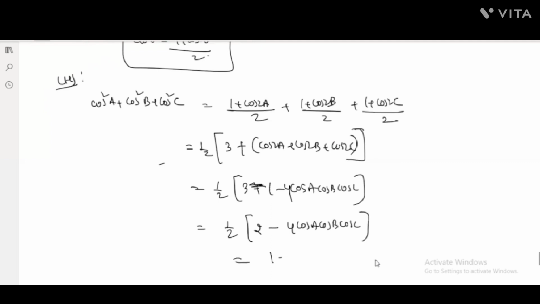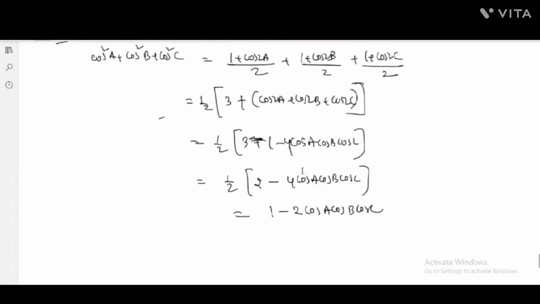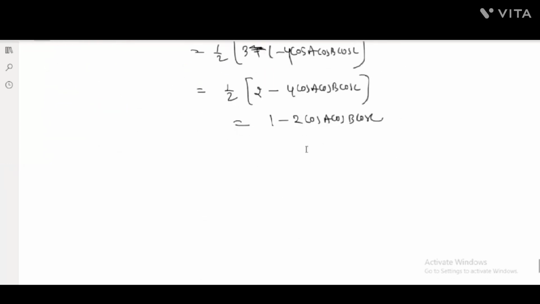This we can write as 1 minus 2 cos a cos b cos c. There is no need to solve fully because we already know the cos 2a plus cos 2b plus cos 2c value. So this is another different question.